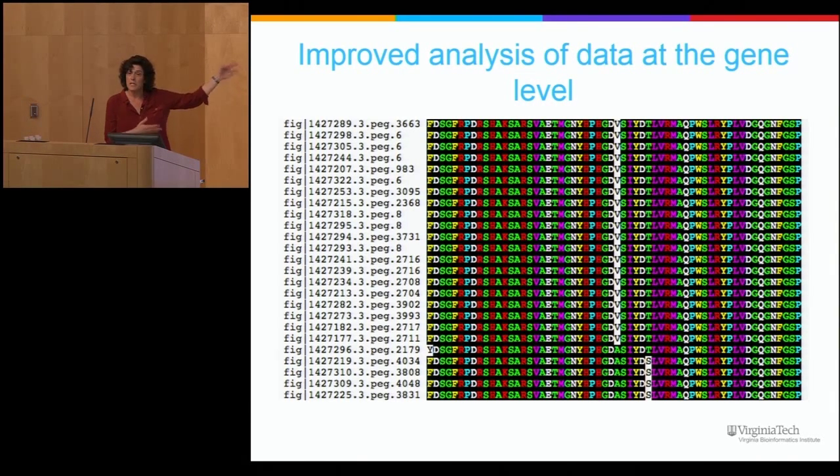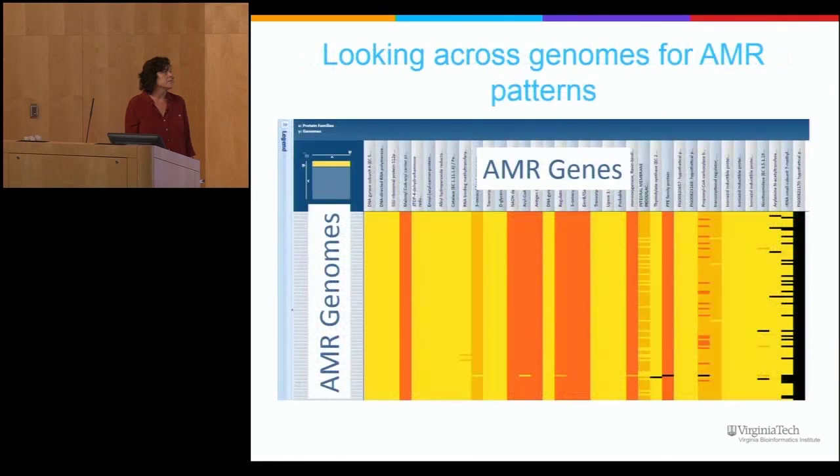Is that true? Can I look across a broader swath of genomes and see that? And you can also look, because these genomes are all tagged with different metadata characteristics like country of isolation or year of isolation, you could see that, oh, all of these are from Russia in 2010. And that's where we're seeing these resistant patterns. So that's the kind of thing that we're trying to allow biologists the ability to do.